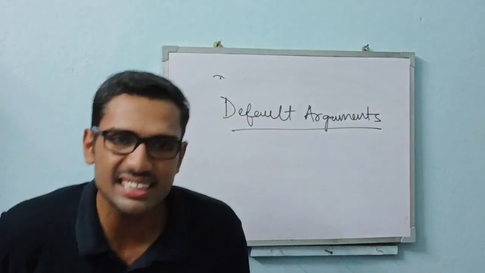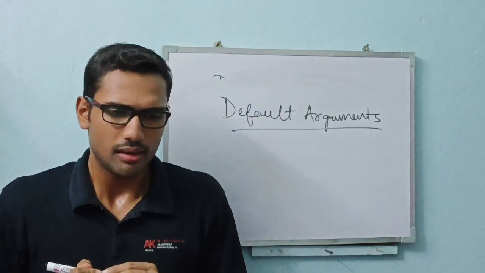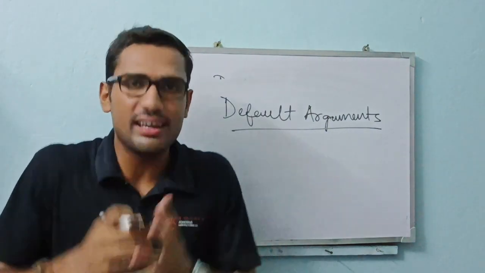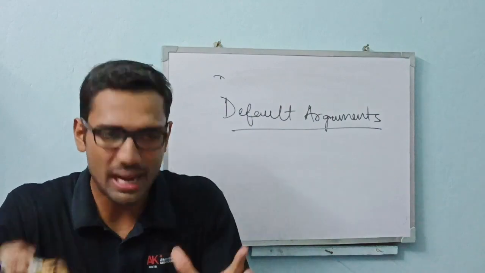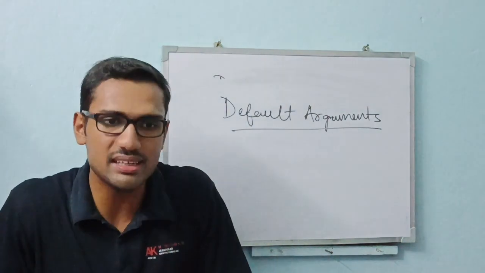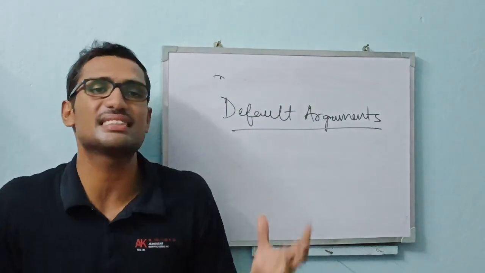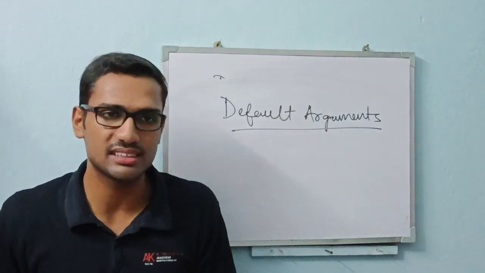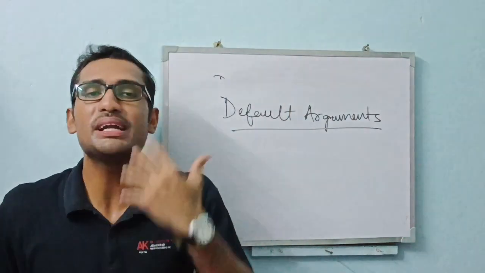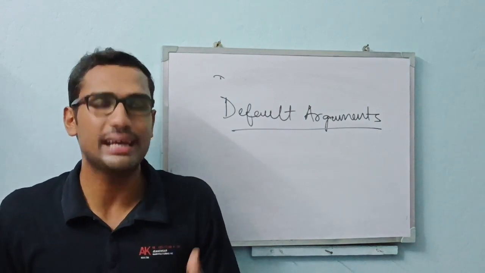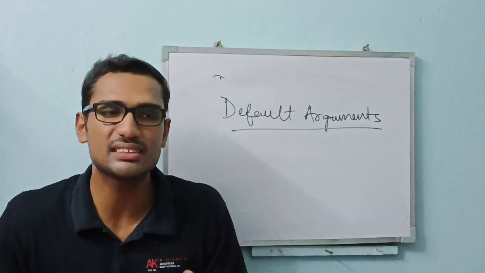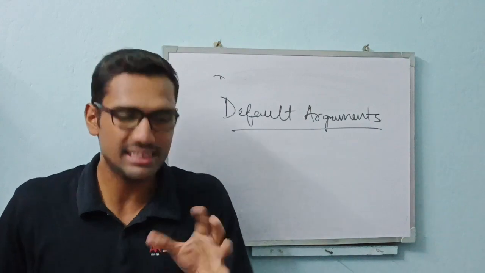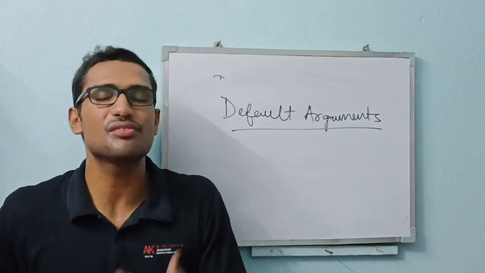Now, what are default arguments? When we define a function, if some of its parameters have a default value, then that is a default parameter, and that's what a default argument is. We will define a function with some parameters, and some of those parameters will have a default value.